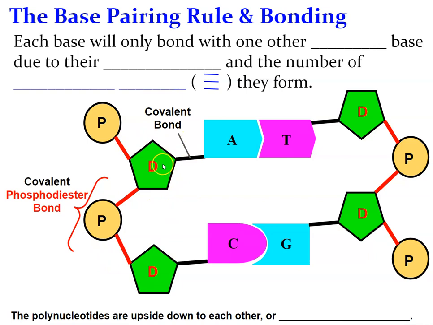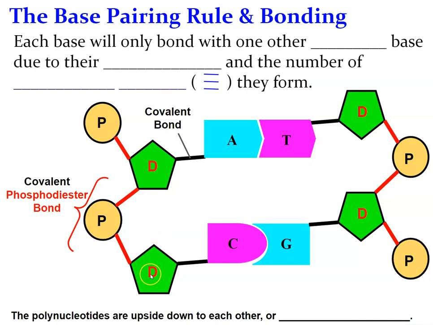So it's a covalent bond that bonds the nitrogenous bases to the deoxyribose. But do note that that's what the nitrogenous bases bond to, is the deoxyribose. And then when it comes to nucleotides bonding together to form a polynucleotide, it's between deoxyriboses, it's between sugars.